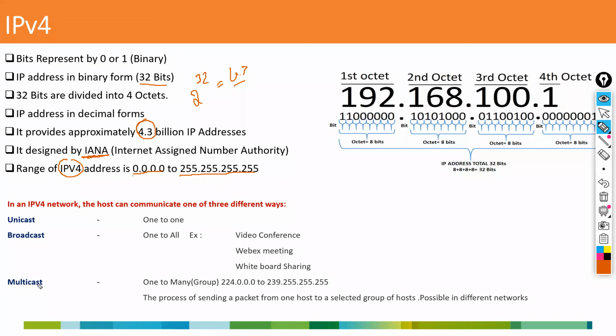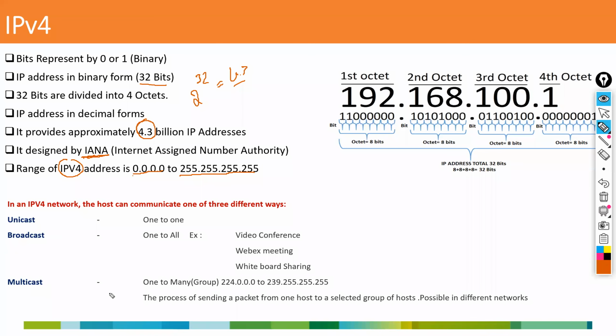So in networking, we have different types of communication: unicast, multicast, broadcast, anycast. But IPv4 supports unicast, so if there is any one-to-one communication, it supports. If there is any broadcast, it supports. If there is any multicast communication, it supports.